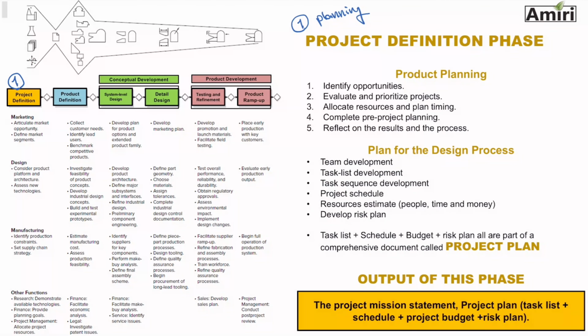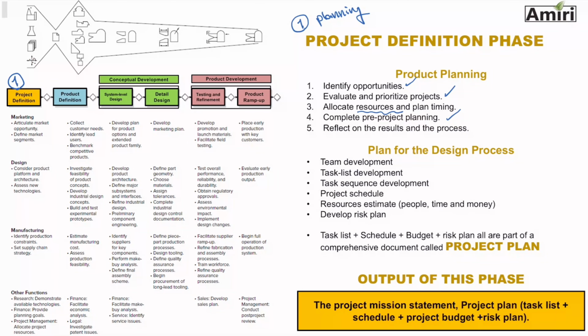So you identify opportunities in this one, but you also prioritize the projects and products that your company should focus on at this moment, and figure out the resources. These resources are for which project you want to focus more on and which projects you want to focus on later. You complete a pre-project planning for each of them.